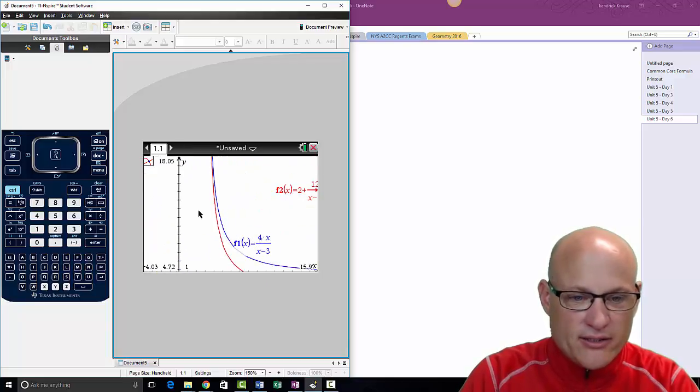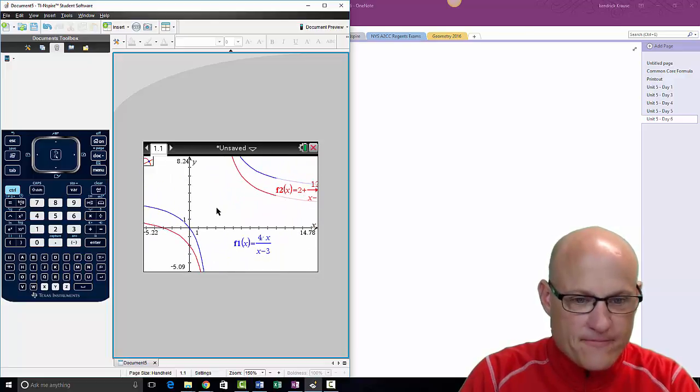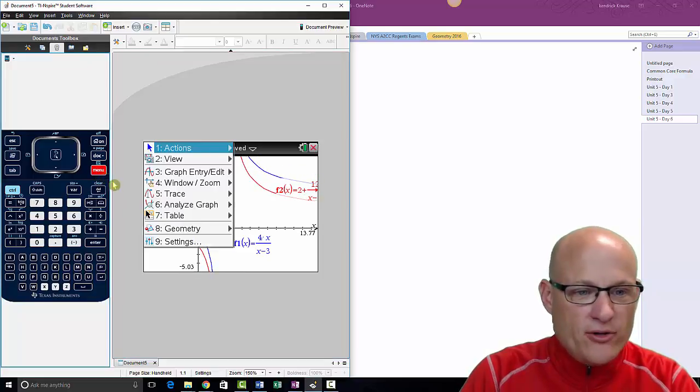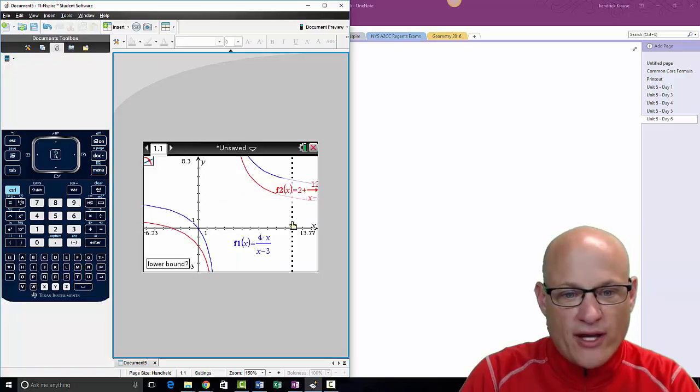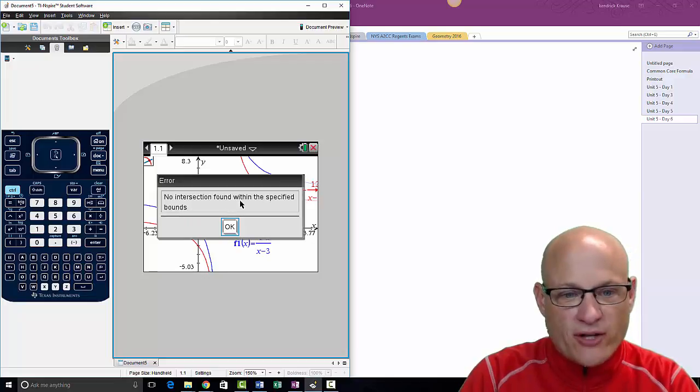It said 3. There's another way to do this. Let's try this. How about I change? Oh, I can't change those this way. How about we do it this way? Menu, analyze graph, intersection. And we go here, click, and we go here, click. No intersections found within the specified bounds. Wait a second.